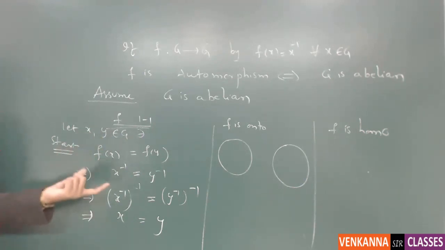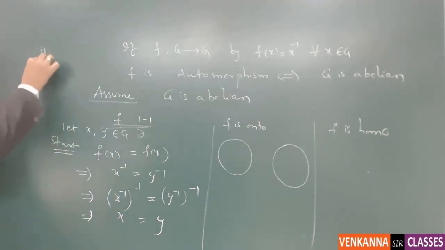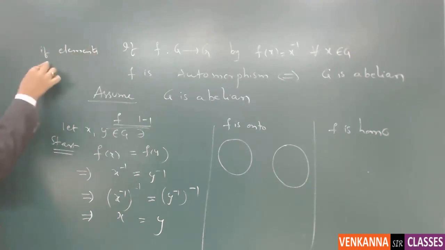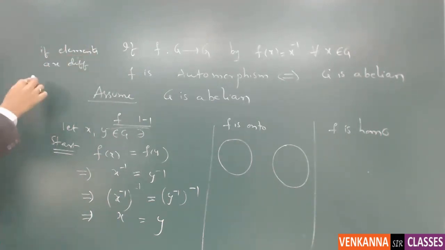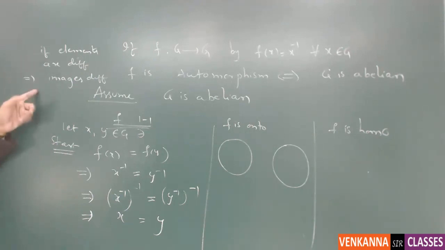How do we prove one function? The definition is, if elements are different, then image is different. Actually, this is the definition. So how we are going to prove that?